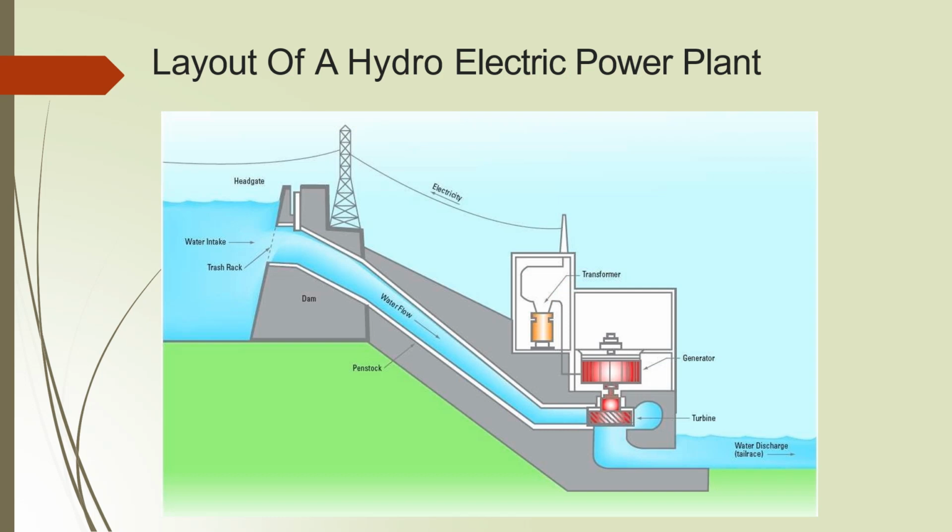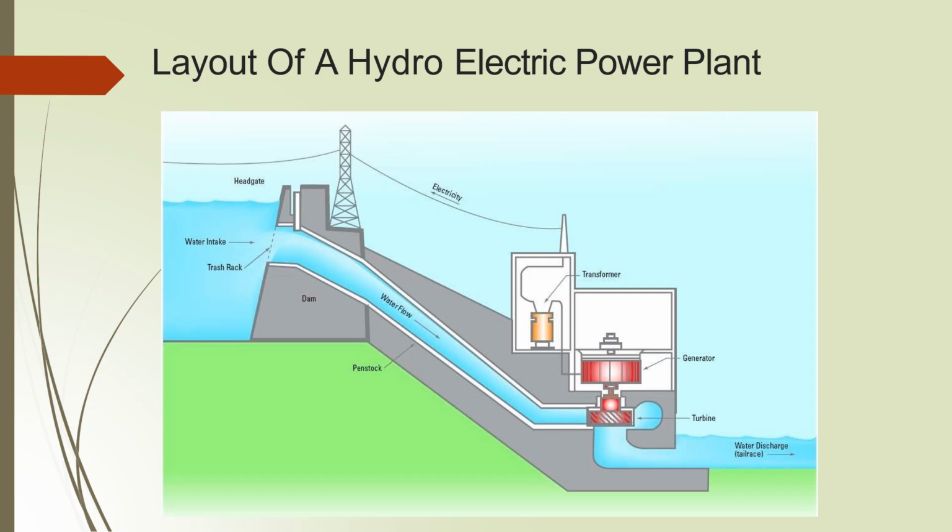The turbine converts the hydraulic energy into mechanical energy, and the generator converts the mechanical energy into electrical energy. That electrical energy is supplied to the transformer, and through the transformer the electricity is supplied to the grid and then to the utility, and the water coming out of the turbine is discharged.